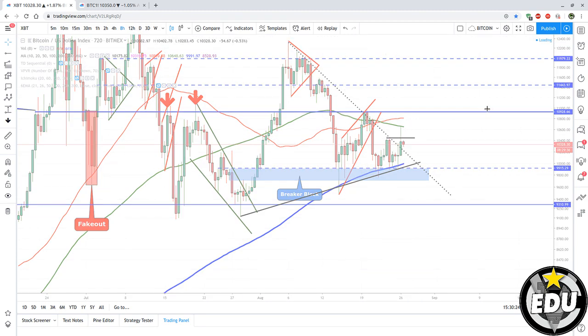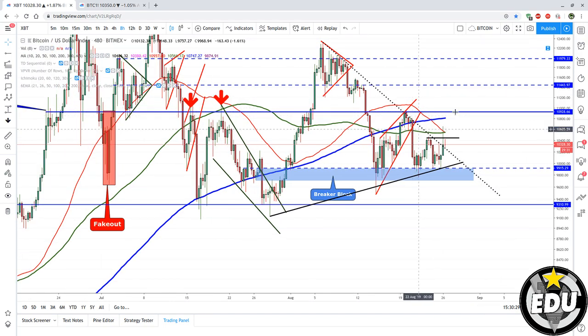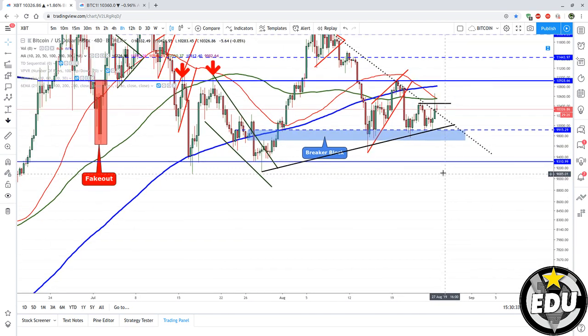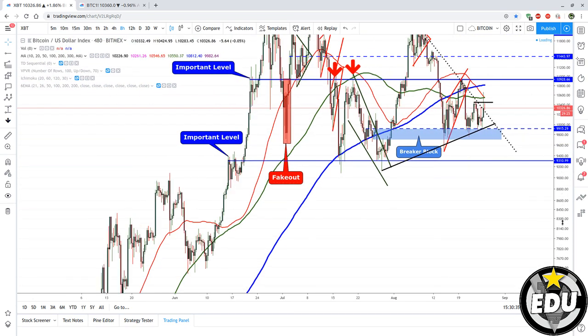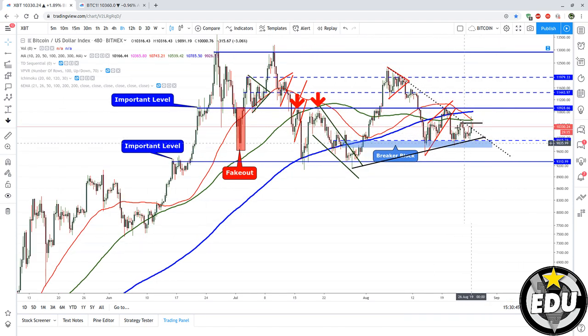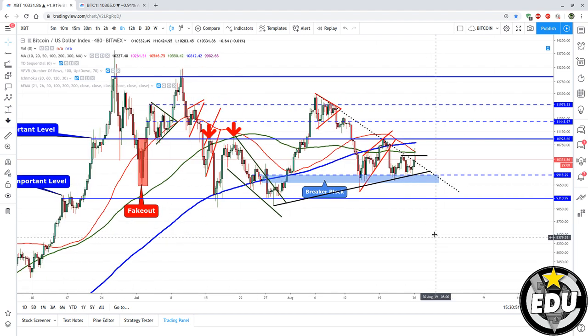Let's see the 8 hour. The 8 hour started to cross here, so you can see the trend has been pretty bullish, and now the moving averages are just starting to show some bearish cross. Price is below the moving average, also trying to break above it, but still a bearish outlook at the moment.